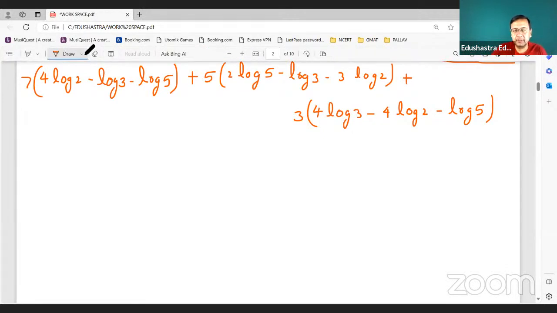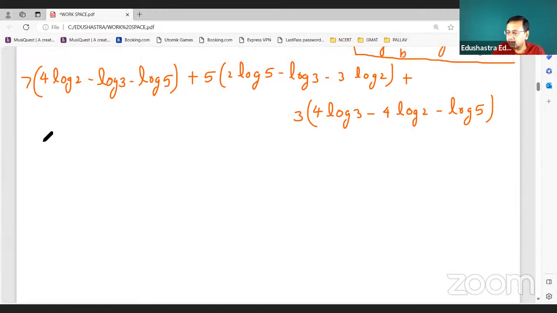So the next step is open the bracket and multiply the numbers. I suppose now you can do this easily. So everyone quickly simplify and give me some answer, some value here.